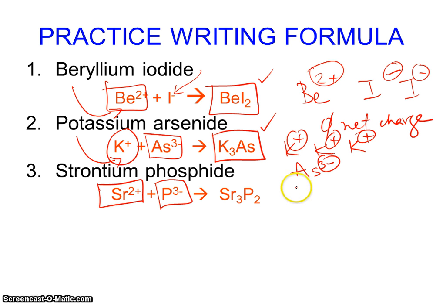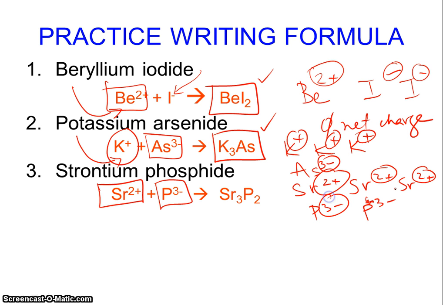And so in this case, I need 3 strontium 2 plus cations and 2 phosphide anions to balance my net charge. 2 plus 2 plus 2 is 6, and 2 times 3 minus is 6 minus, so 0 charge. So again, I need 3 strontium and 2 phosphide anions to make this a correct ionic compound.